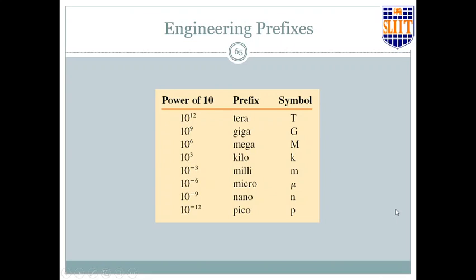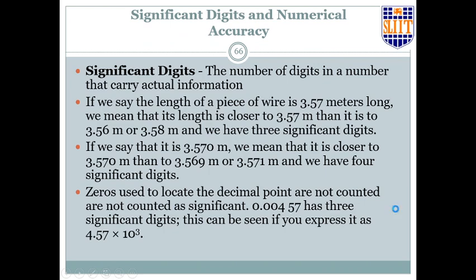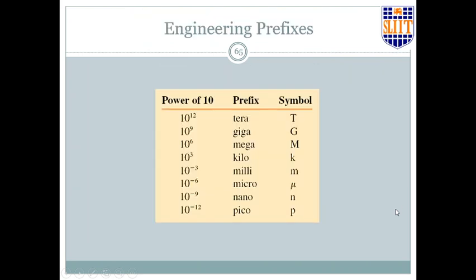I think peta is also there, that is 15. It's not P-double-T-A, but peta, if I am not mistaken, 10 to the power 15. Meaning 10 to the power minus 3, minus 6, minus 9 and minus 12. So those are the engineering prefixes that we prefer to have.